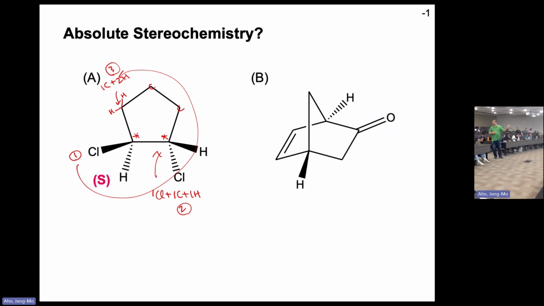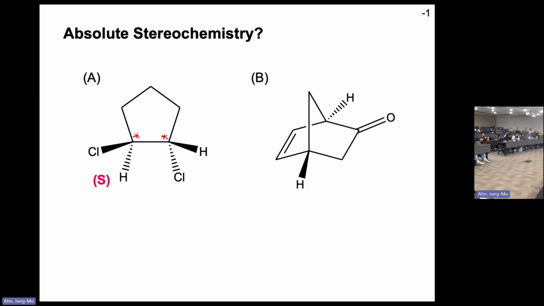If you just leave the question there, then you didn't do this one. That's why you have to figure out how many stereocenters are in the whole molecule. There's another one, so we're going to do this process again for the other stereocenter. For the other one, what's directly bound to it? Chlorine, carbon, carbon, hydrogen, an almost similar situation.